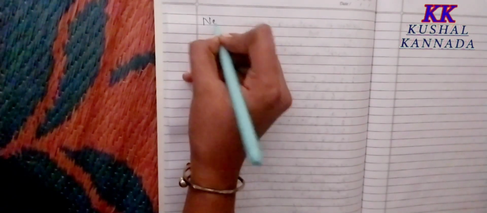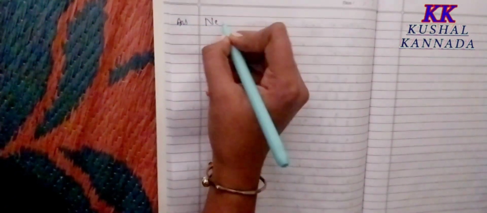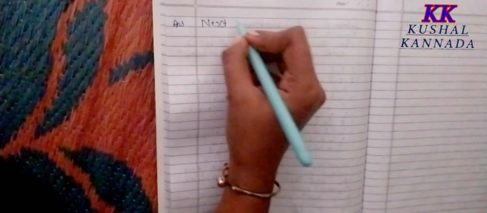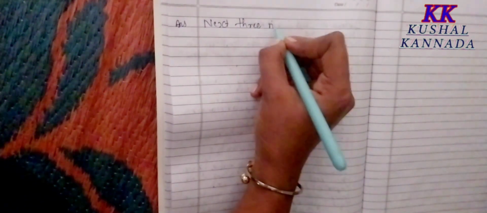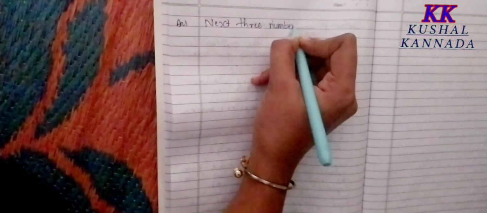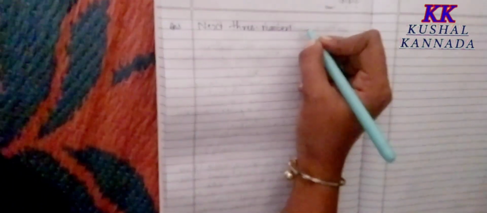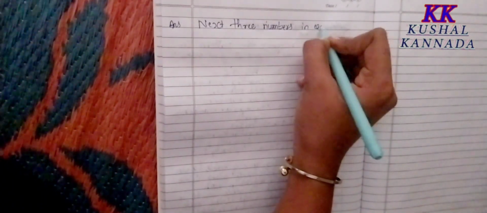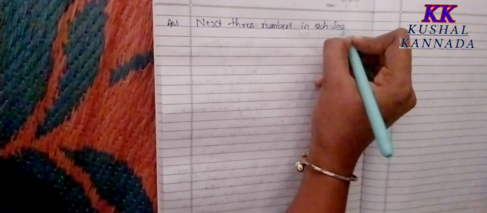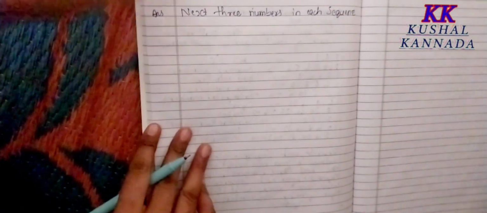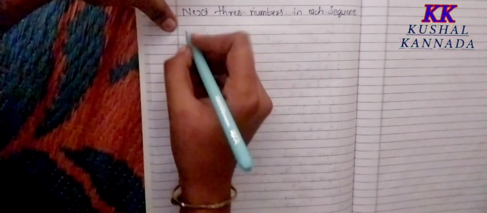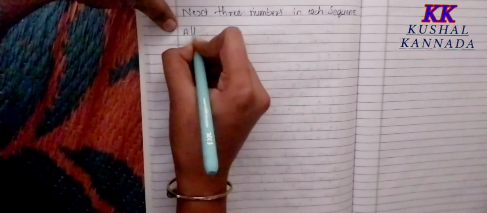Next answer. Next 3 numbers in each sequence, right? So first one, all ones.